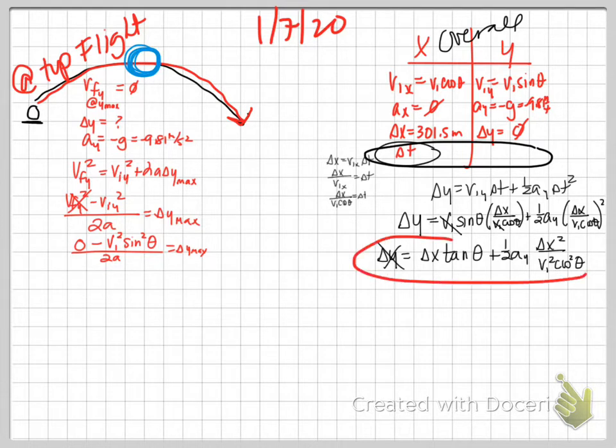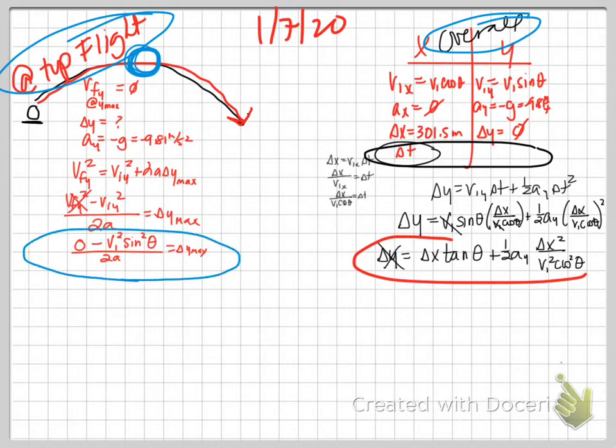Where are we going with this? We're creating an expression for vi. So let's create the expression for vi, and I'll switch colors once again just to keep things interesting. So we know that delta y, and now this is really important, note that I marked overall and top of flight, because everything that we are writing in this equation has to relate back to the moment at top of flight, because we're relating it in a single equation.